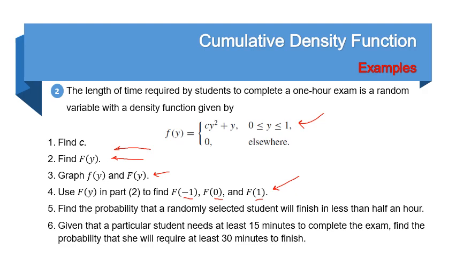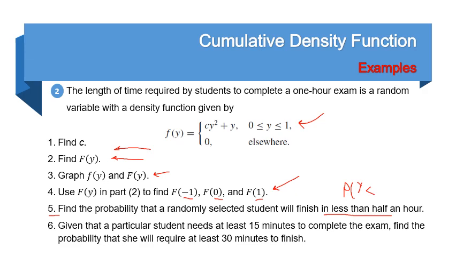He is saying in number 5, find the probability that a randomly selected student will finish in less than half an hour. So all you have to do is get the probability that y is less than 0.5, or a half.